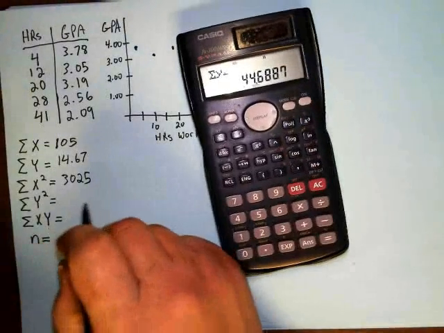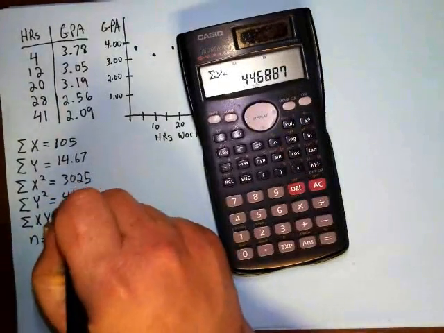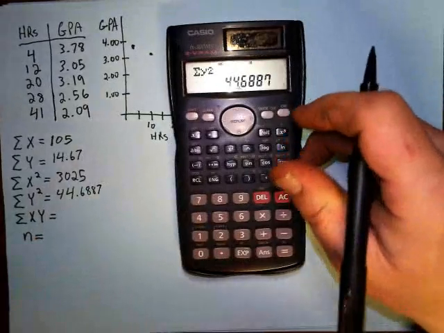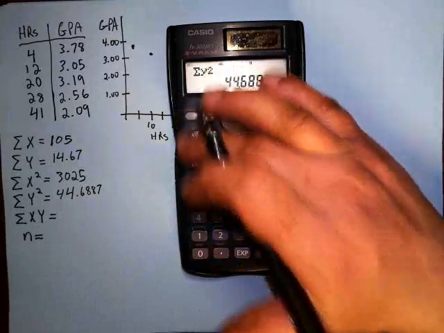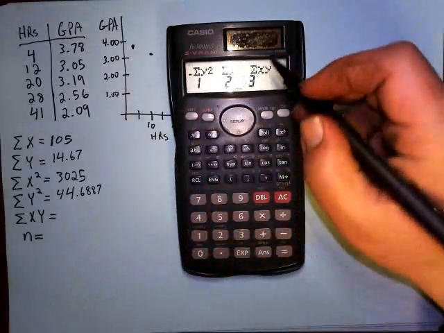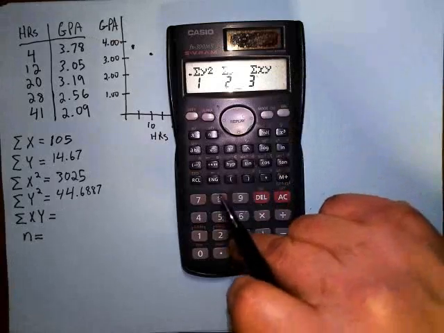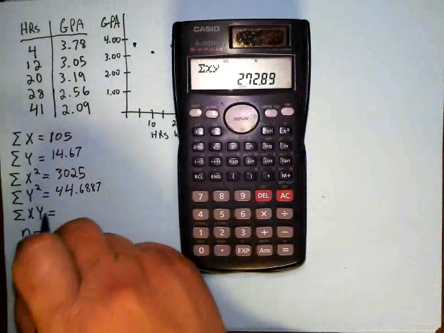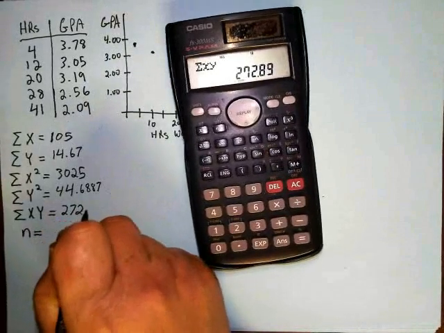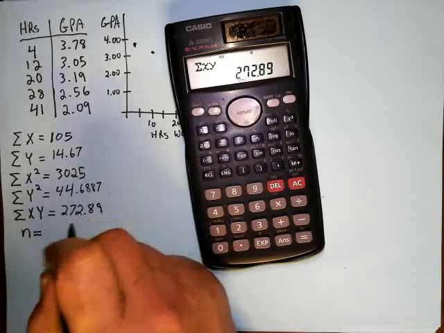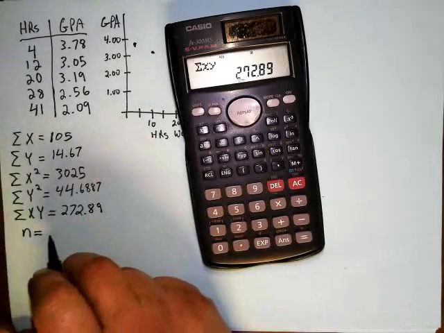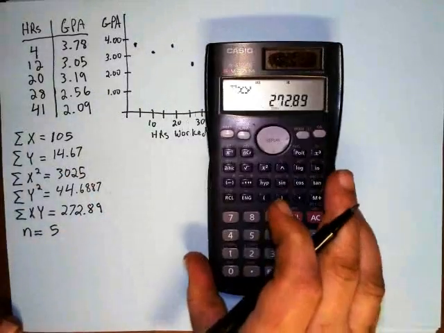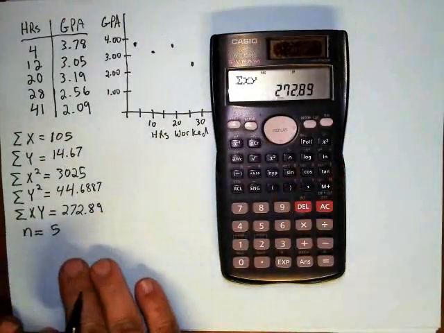I'm going to use all those decimal places, 44.6887. And then the sum of x times y: Shift 1, and then I go over, and that's number 3 over here. Return, and I get 272.89. Now, n is just the number of ordered pairs, so n is 5. Very good, so I got the sums.